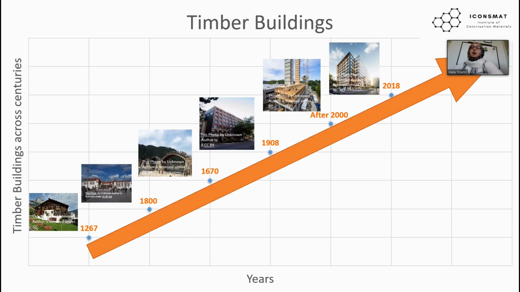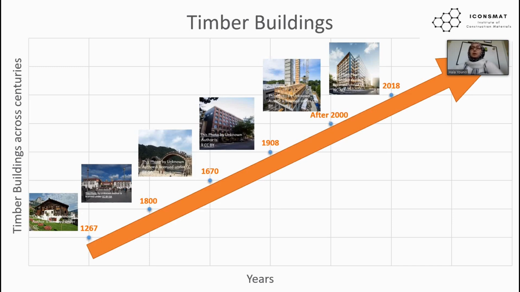So we have this building, Bethlehem House, that was built in 1267. Jokhang Temple was built in 1800. Kintai Bridge was built in 1670. And the Lekki building was built in 1900.